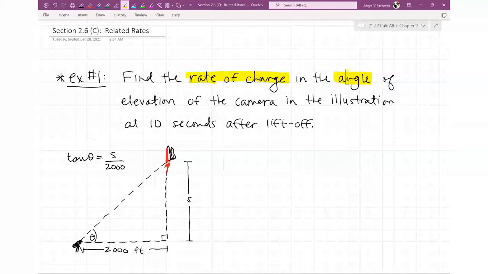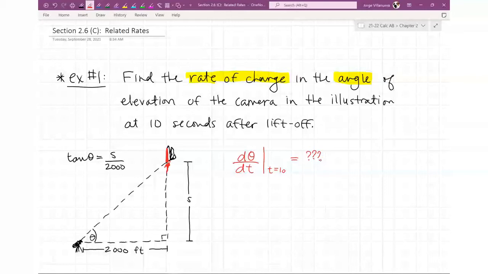How do I write that? d theta d what? t, right? It's always with respect to time. So find the rate of change in the angle of elevation of the camera at 10 seconds. So I'm going to say such that t equals 10. This is what I need to figure out.